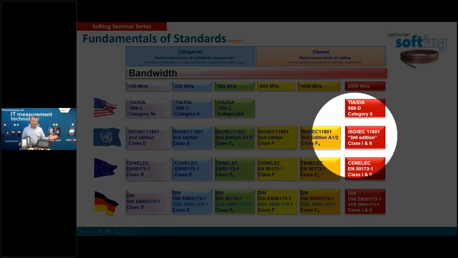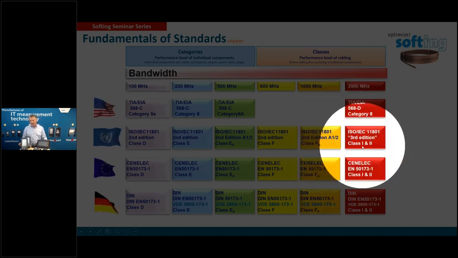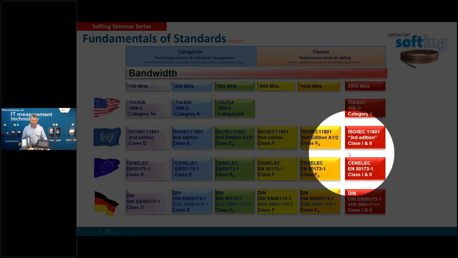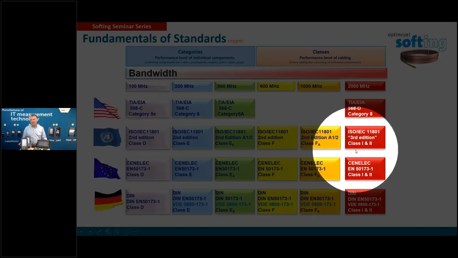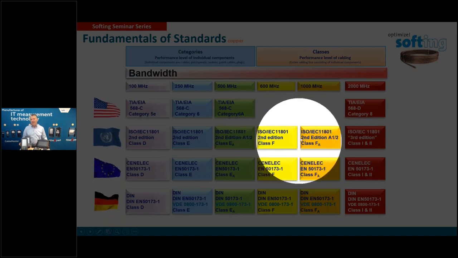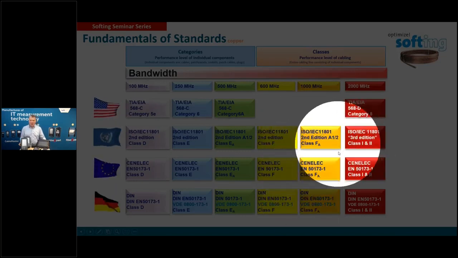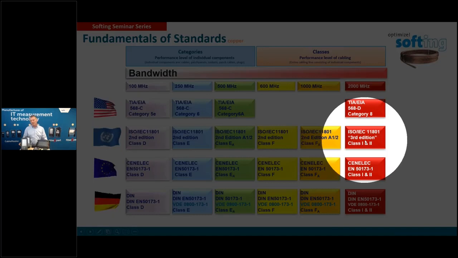They call it Class I and Class II, or category 8.1 and 8.2, because the difference is the performance level of 8.1 and 8.2, because 8.2 is again defined with other connectors like we have in the Class F or FA environment, and 8.1 is related to the RJ45 again.